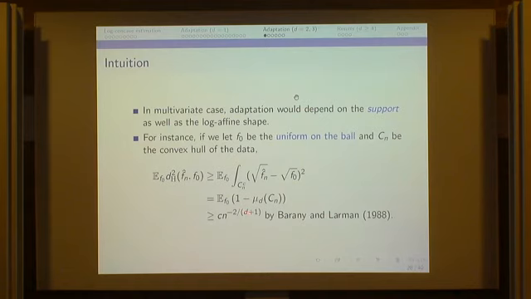That is the minimax upper bound. So that means even if this is quite a simple shape, log 1 affine, if it is defined on the complex domain, then we don't have any adaptation because this is equal to the minimax upper bound.